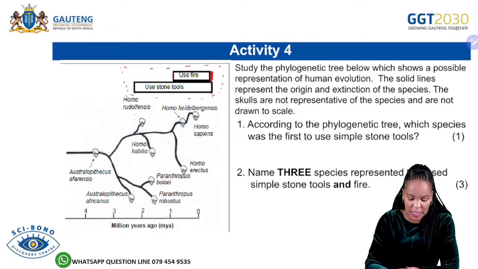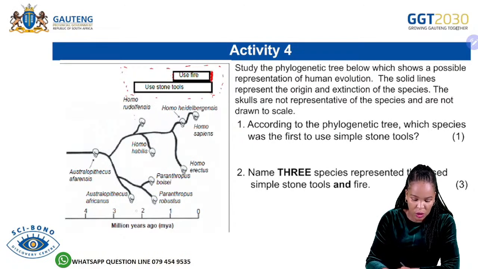This is still a phylogenetic tree. You can still read which species is the common ancestor of which species. You can still follow that through on this diagram, but I don't want to write on the diagram to make it a mess, because I want you to be able to see when we do the questions. Right, so we have our common ancestor here, which is our Australopithecus afarensis.